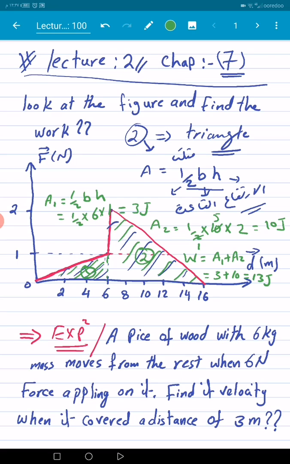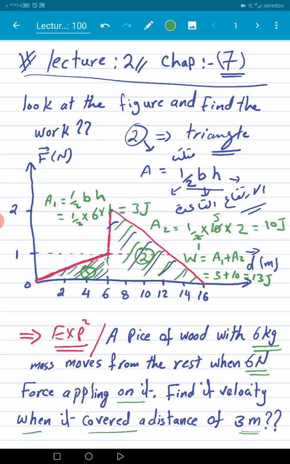Second example: a piece of wood with 6 kilogram mass moves from rest when a 6 Newton force is applied on it. Find the velocity when it covered a distance of 3 meters. First of all, I mentioned to you to read the question carefully and take the information from the question.